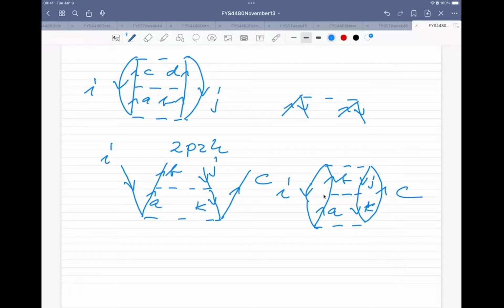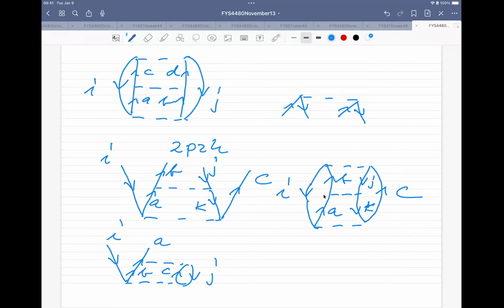Alternatively, I will also get a contribution which looks like this. So this is also an intermediate state which I can produce. And then I have a state C, a state B, a state A, a state I, and a state J here.